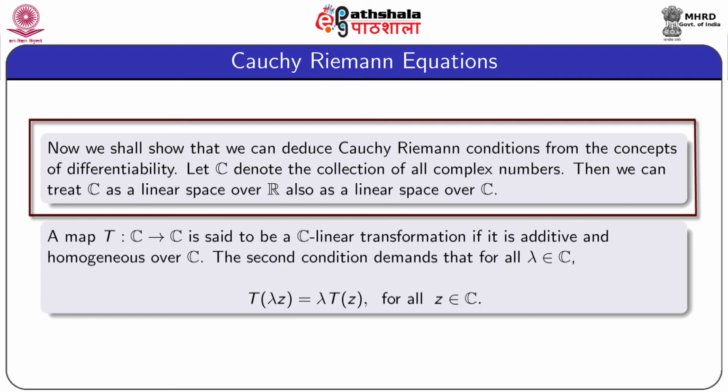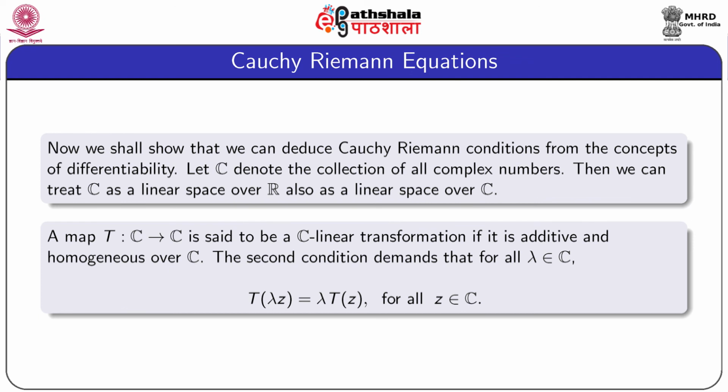We can treat C as a linear space over R as well as a linear space over C. Now, a map T from C to C is said to be a C-linear transformation if and only if it is additive and homogeneous over C. The second condition demands that for every complex number lambda, T(lambda z) should be lambda times T(z).